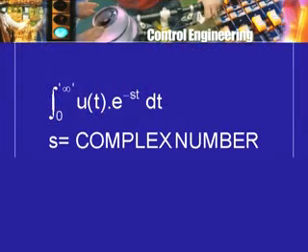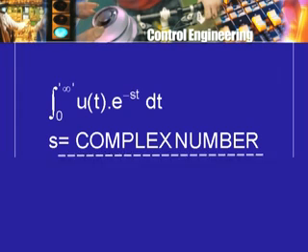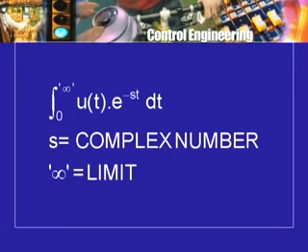What makes it a little difficult in the beginning is the fact that this s, we are told, is not simply perhaps a real number, but it could be a complex number. So it is not necessarily something like say 3 or minus 2 or what have you, but it may be minus 1 plus j, or it may be 2 plus j3. So this s then will stand for a complex number.